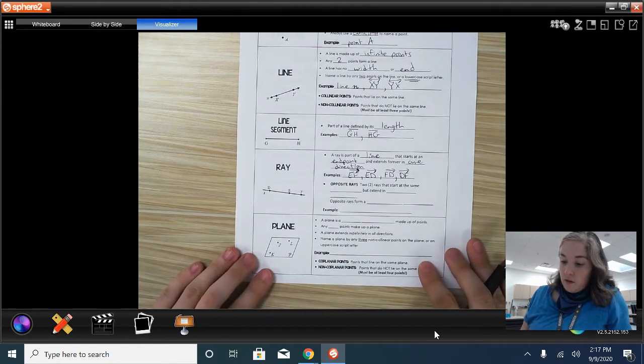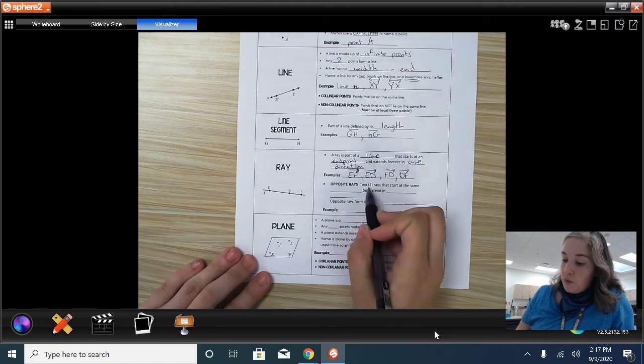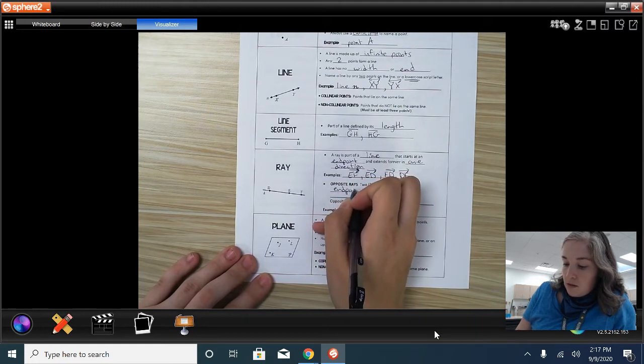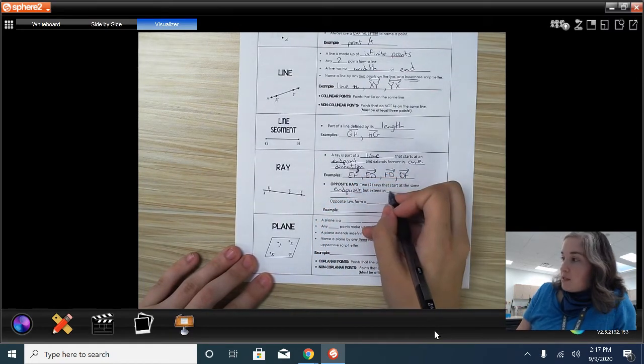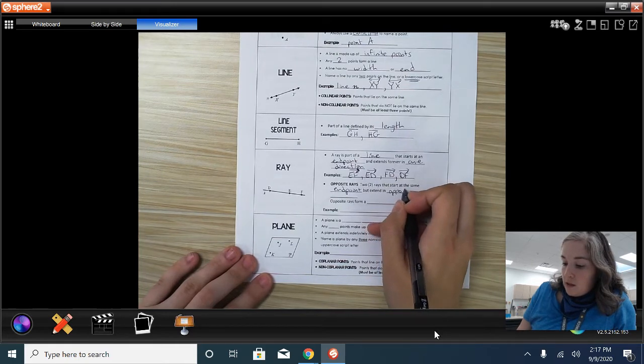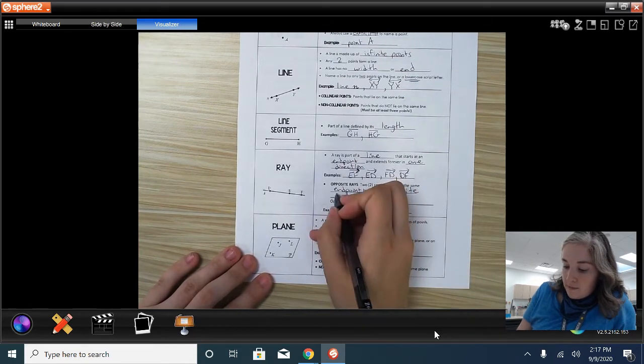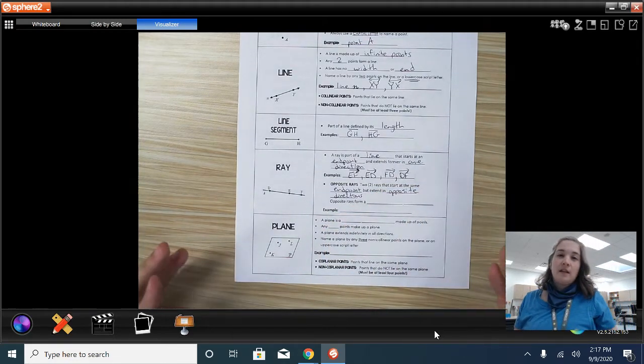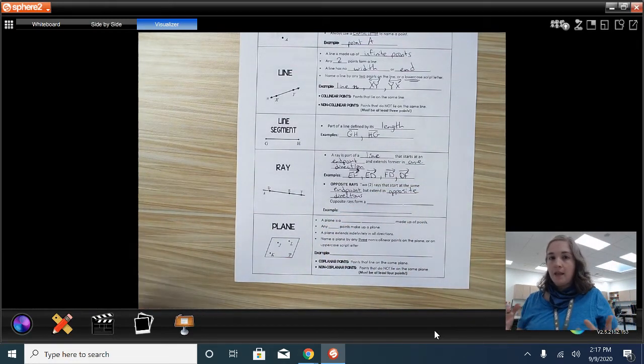Opposite rays are important. 2 rays that start at the same endpoint but extend in opposite directions. All right. If you think about it, it's basically that they form a line.